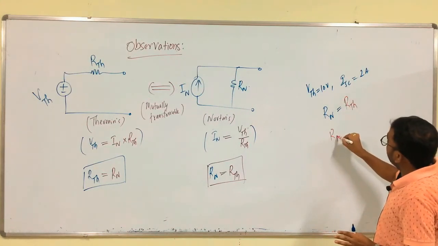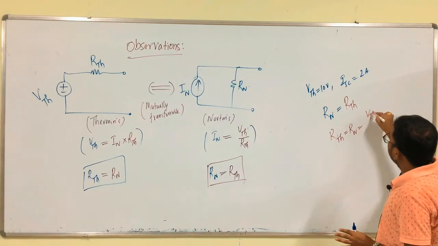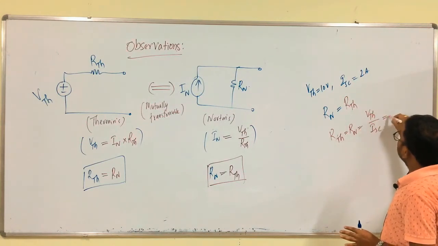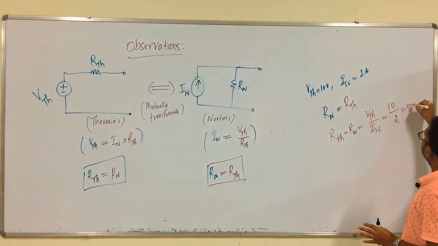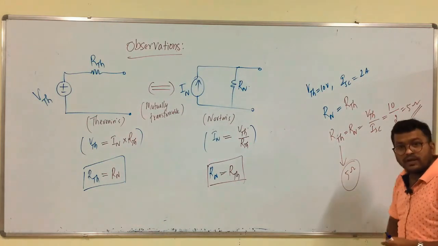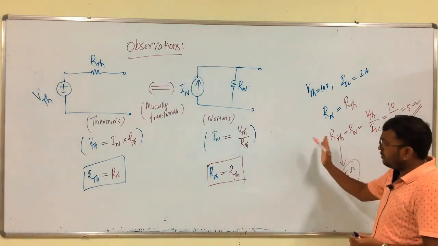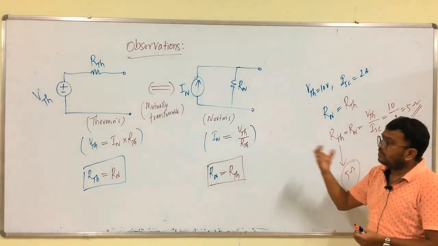That is RTH equals Rn, which equals VTH by ISC. So, 10 by 2 equals 5 ohms. So, the value of RTH is nothing but 5 ohms. So, like this we have to calculate the required value from the given data.